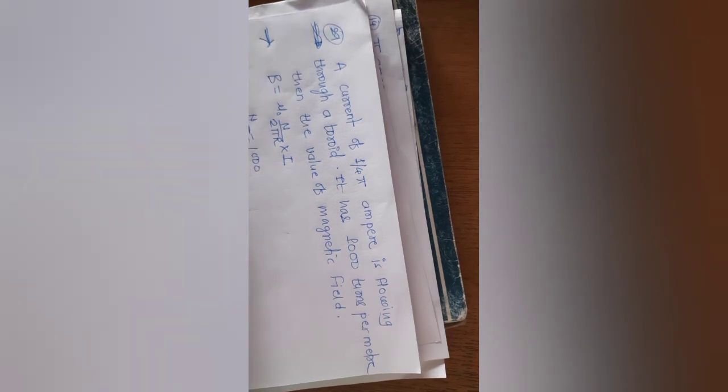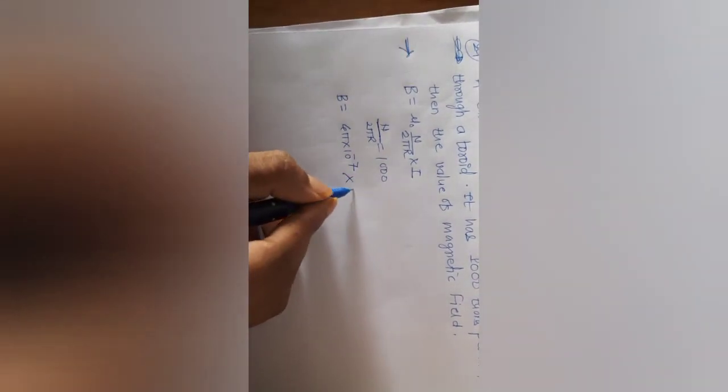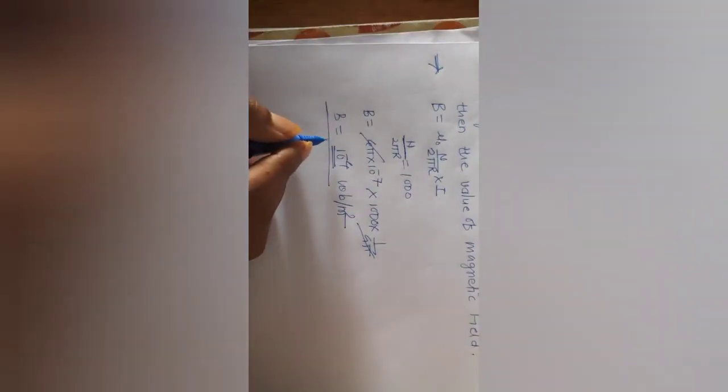B is equal to 4 pi into 10 raised to minus 7, value of mu 0, into 1000 into 1 by 4 pi. So 4 pi gets cancelled. 1000 means 10 raised to 3. So B is equal to 10 raised to minus 4 is the answer in Weber per meter square. So this is the problem number 29.